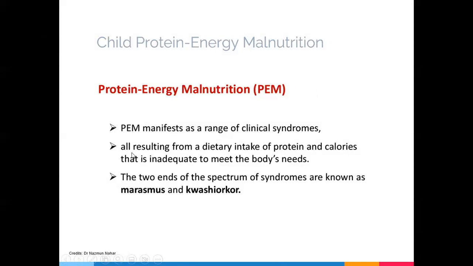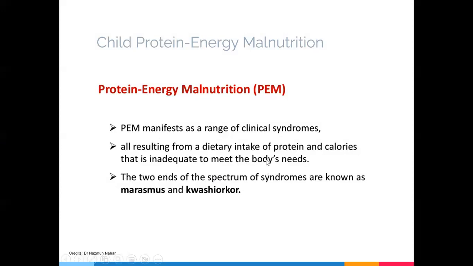It manifests as a range of clinical syndromes. So therefore, it has signs and symptoms, just like what a disease is defined. So these types of PEM could result from a dietary intake of protein and calories that is inadequate to meet the body needs.